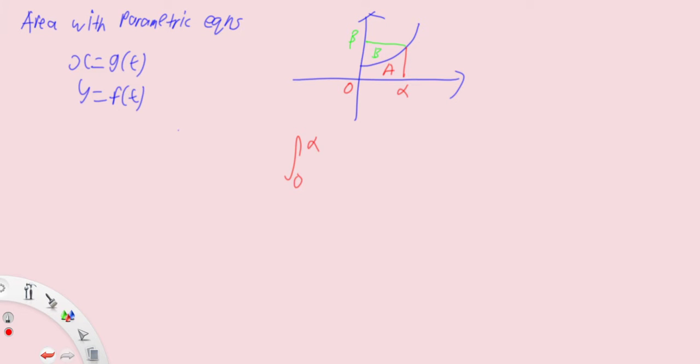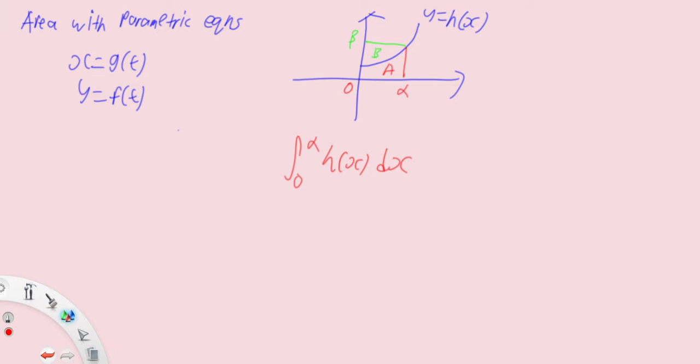To find the area of A, we have 0 to alpha. Then let's say this graph has y equals h(x). We put in h(x) inside, and then we solve by integrating with respect to dx.